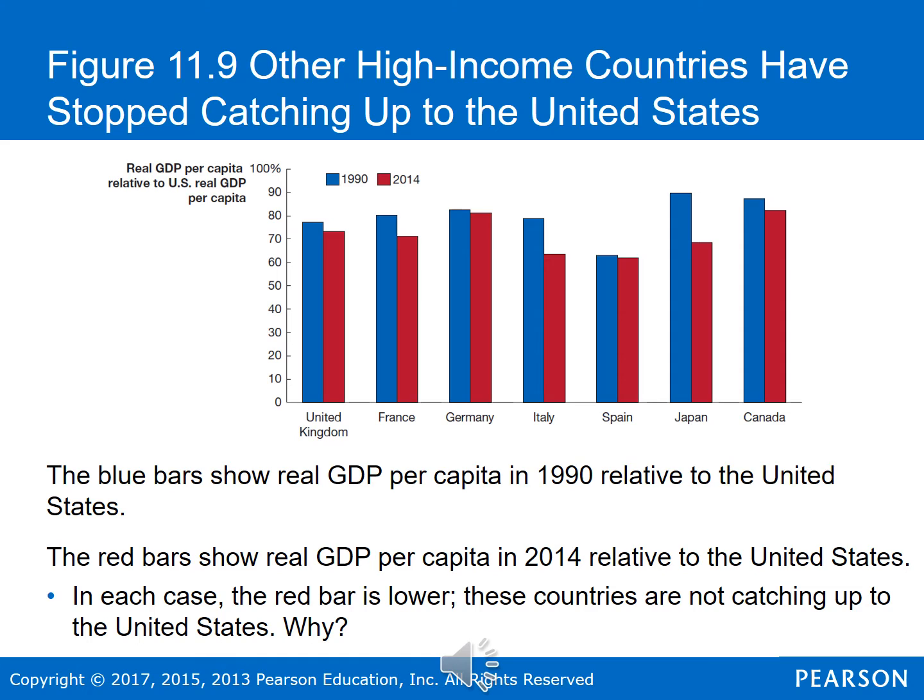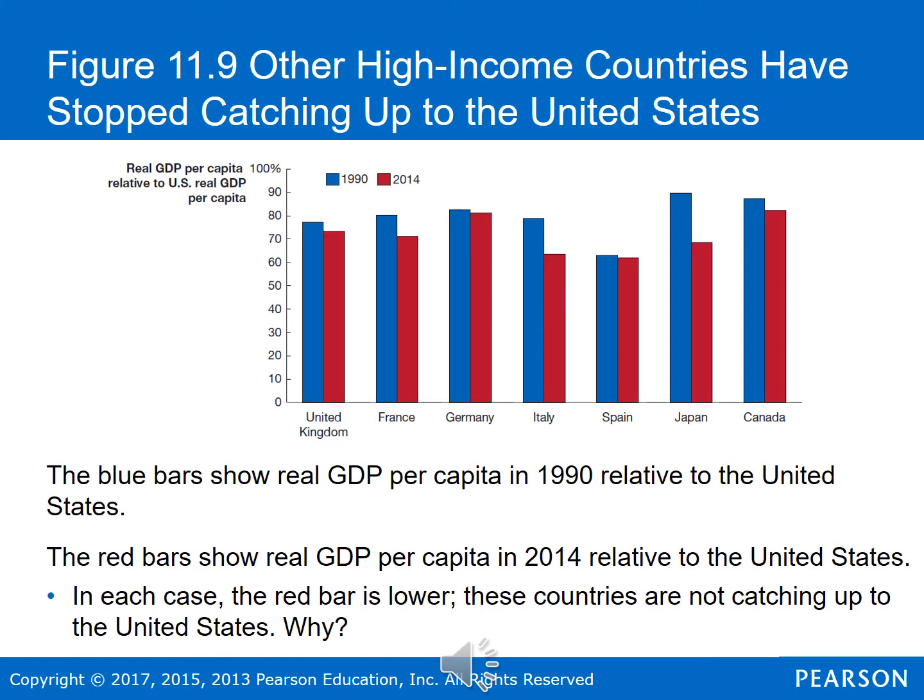The blue bar shows these nations' percentage of GDP compared to the United States GDP in 1990, and then the red shows it in 2014. In each of these cases, for the UK, France, Germany, Italy, Spain, Japan, and Canada, most of them were around 80% of the US real GDP per capita in 1990. But by 2014, each of them had fallen.